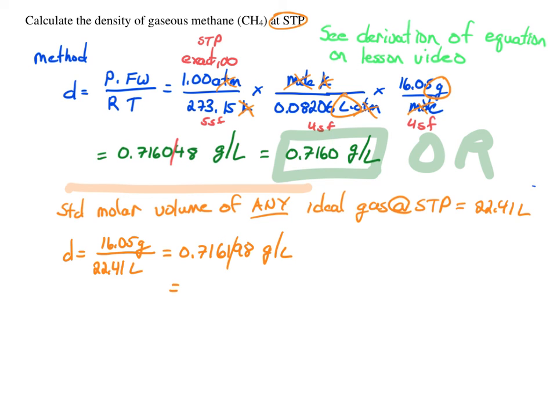With 4 sig figs, 0.7161 grams per liter. The slight difference in the last sig fig has more to deal with the number of sig figs we're using in this equation as opposed to anything else.